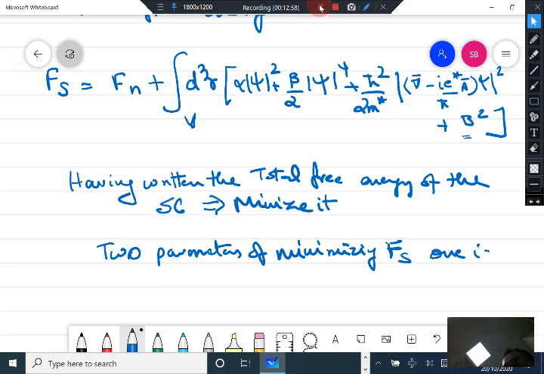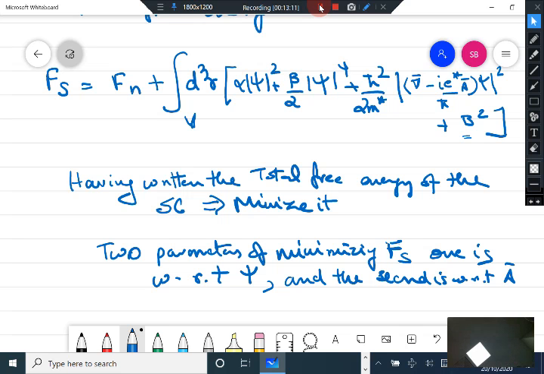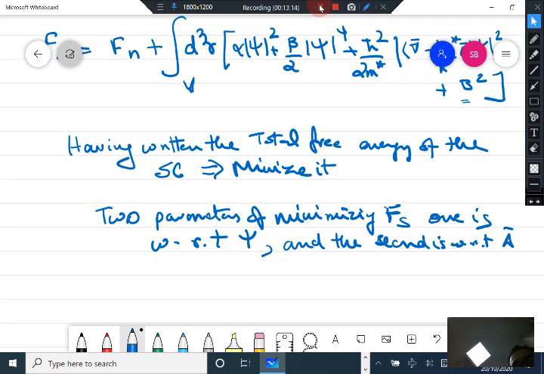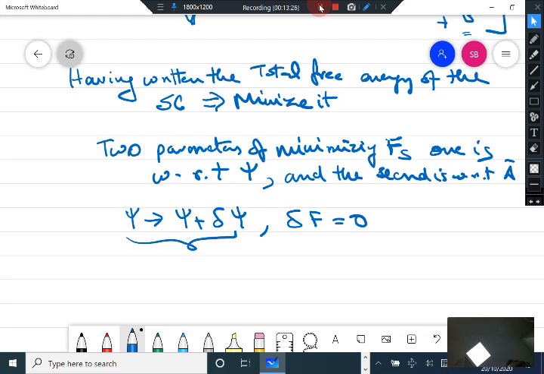One is with respect to the order parameter psi, and the second is with respect to the vector potential A. We do the minimization by taking psi to psi plus delta psi, and we try to find the condition for delta f equal to 0. This is the minimization condition.